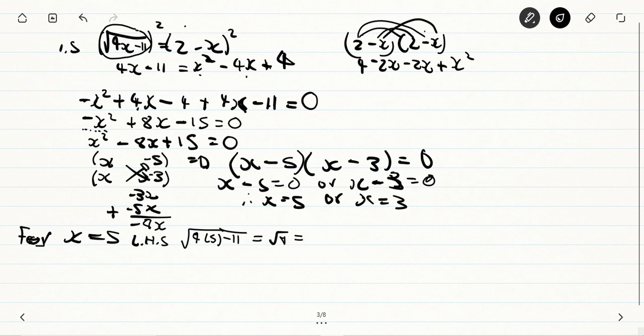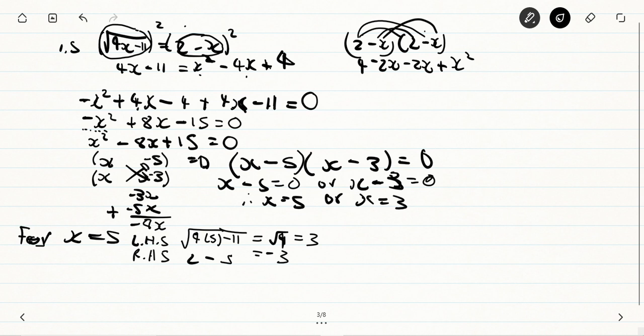And that's going to be equal to 3, the square root of 9. And then if you substitute x is equal to 5 into the right-hand side, you will get 2 minus 5. In the place of x, you're putting 5. So 2 minus 5 is equal to negative 3.